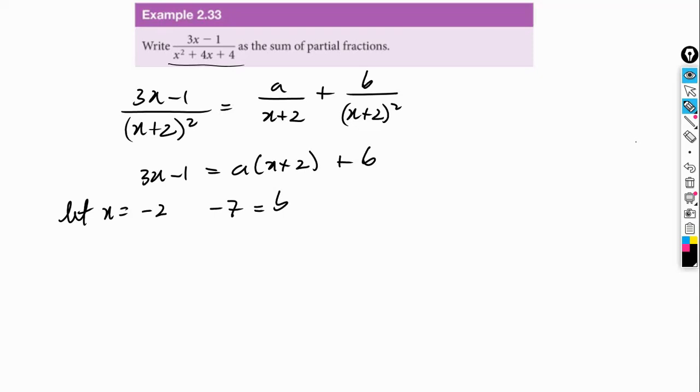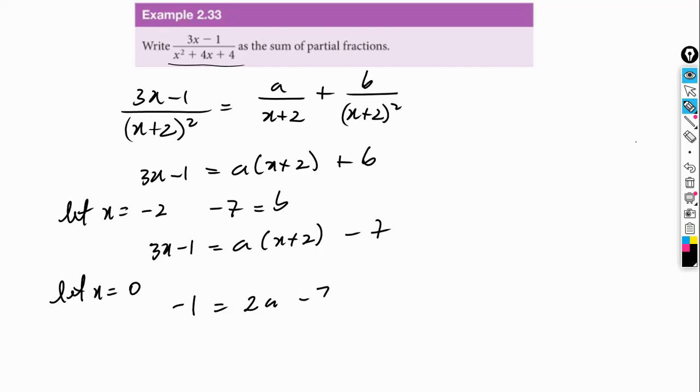We can rewrite this then as 3x minus 1 is equal to a times x plus 2 minus 7. And we can solve for a just saying let x equals 0. So minus 1 is equal to 2a minus 7. So 6 is equal to 2a. Therefore, a is equal to 3.